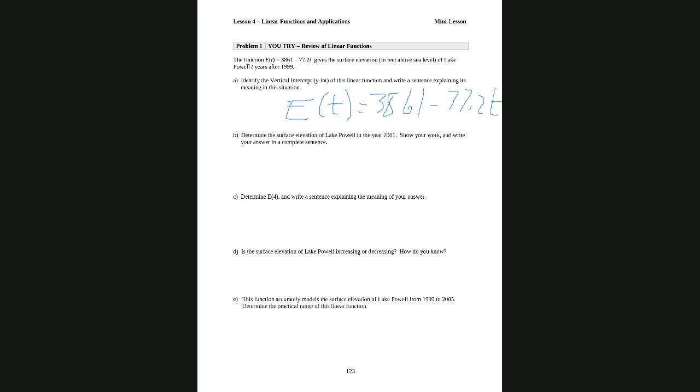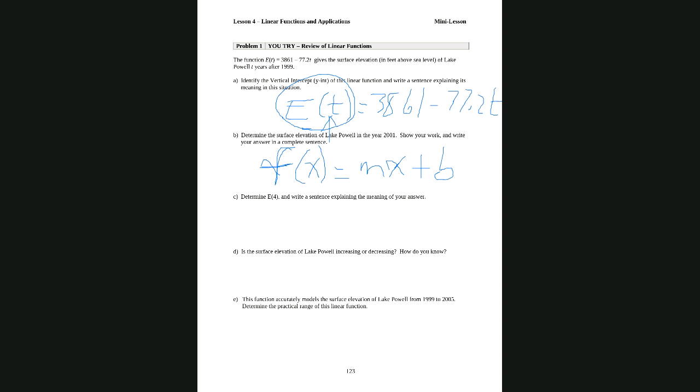Try and follow me with this. We have a linear function always being of this form, right? f of x equals mx plus what? b. Now, if you look at this, there is a little bit of change. The function e of t tells us that our input is t, not x, which is fine. So we've replaced x with a t.